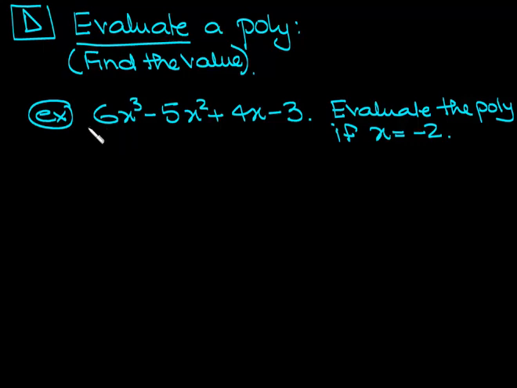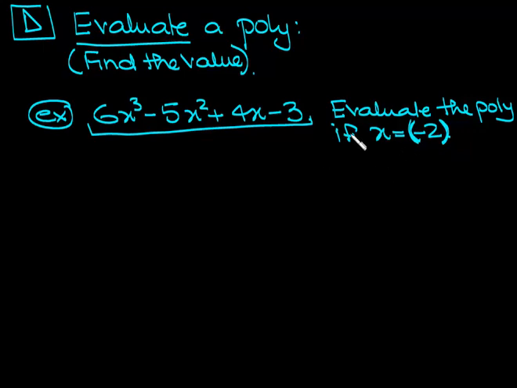That means I want to know what is the value of this polynomial if I were to replace all the x's with negative 2. Anytime you're working with a formula or something like this where you're evaluating, when you're plugging values in for variables, always put parentheses if the number is negative. Even if they don't give you that, just go ahead and do that. It's really a good habit to get into.